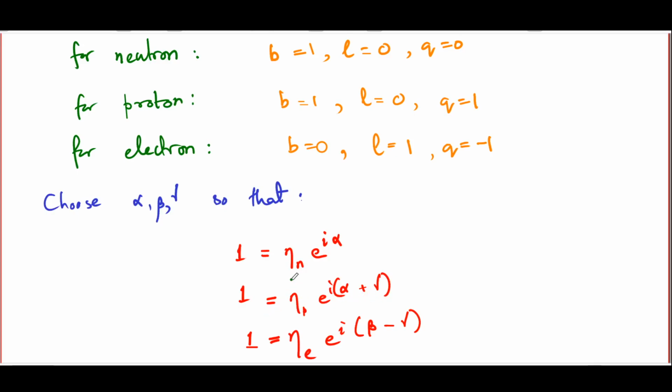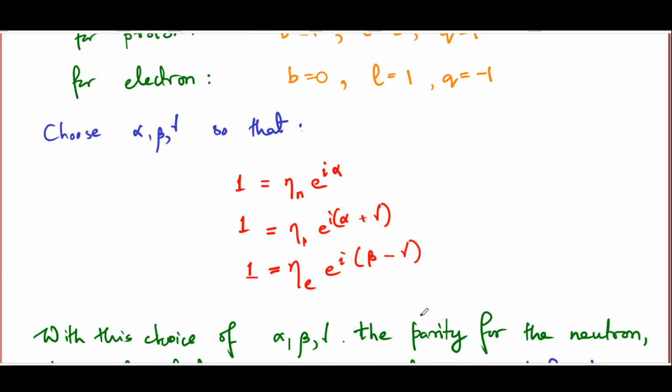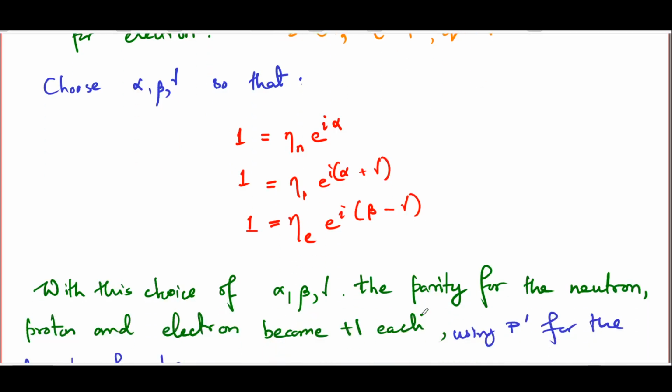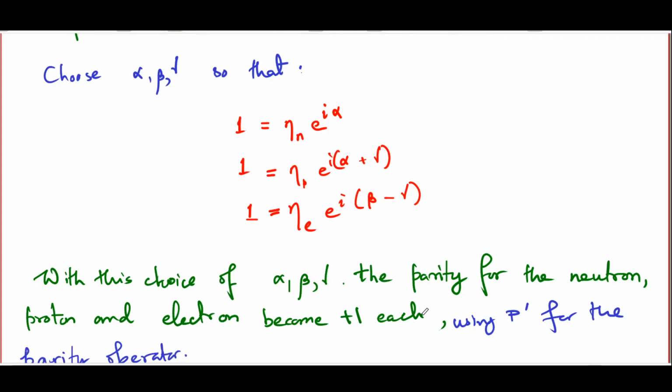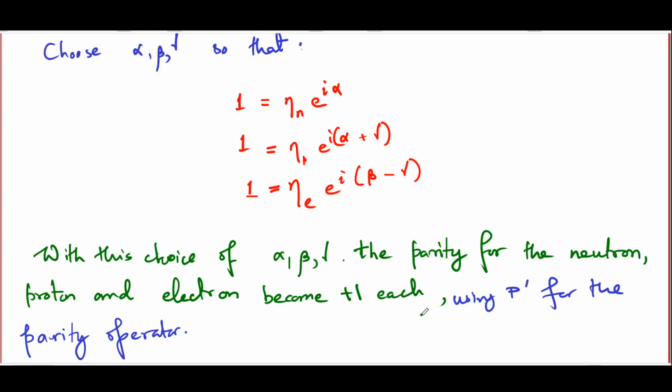And finally, we can also choose beta in such a way that eta e, the electron intrinsic parity, according to the operator capital P, multiplied by e to the i beta minus gamma also becomes 1. What this implies is that with this particular choice of alpha, beta and gamma, the parity for the neutron, proton and electron become plus 1 each, as long as you use capital P prime for the parity operator and not the operator capital P.